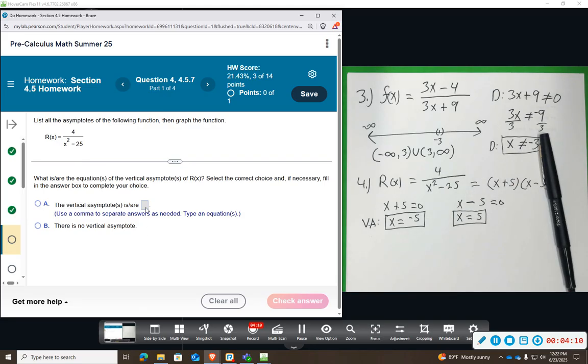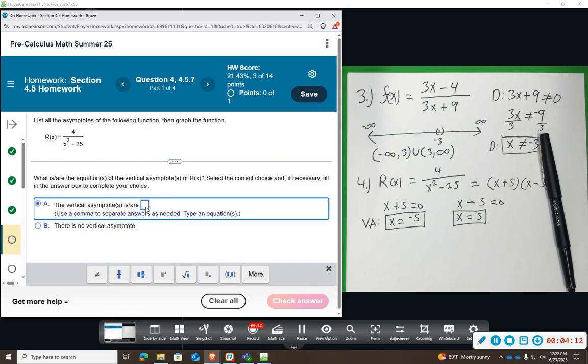And it tells you right here, use a comma to separate answers and type equations. So you cannot just type negative 5 and 5. You have to type x equals 5 and x equals negative 5. The order in which you type them does not matter, just so long as you get them both.